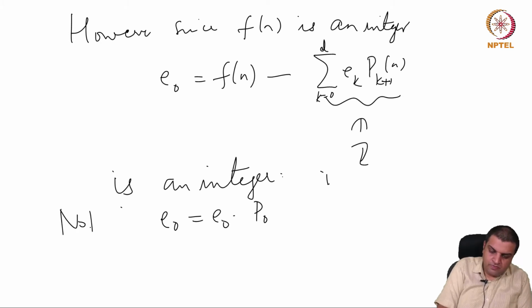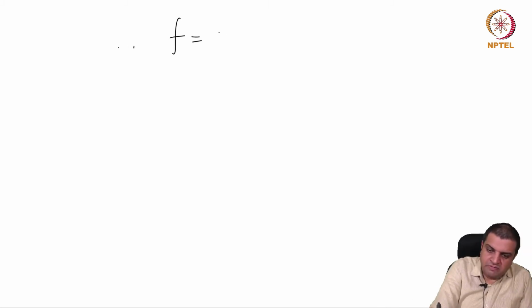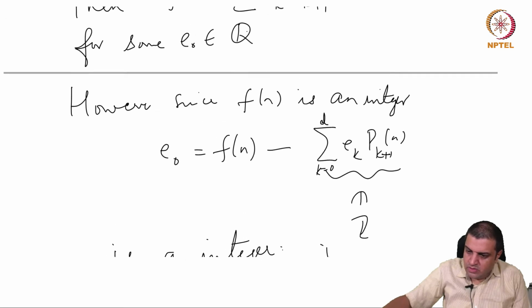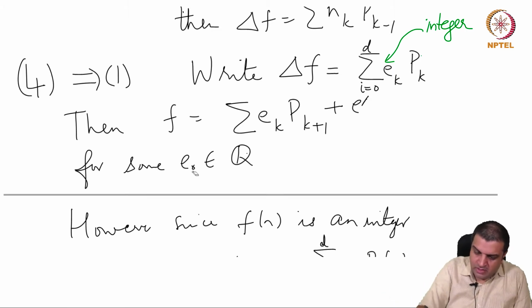Note. Okay. So therefore f is e_0 p_0 plus, sorry, indexing is some slight issue. Let's write this as i equals 0 to d. Call this thing e prime, I apologize.